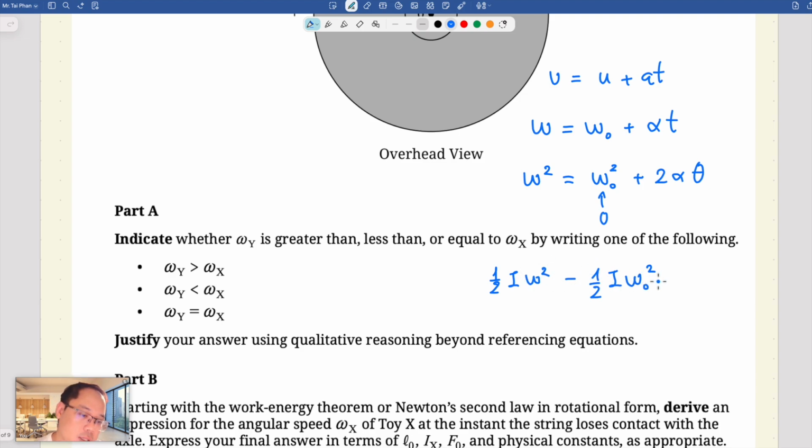This change is equal to the work done by the torque, the total torque, multiplied by the angle that it rotates. It's similar to the translational kinetic energy change, delta K equals 1/2 m v final squared minus v initial speed squared, which is the change in kinetic energy. Okay, so I'm reminding you about the similarity between rotation and linear motion.